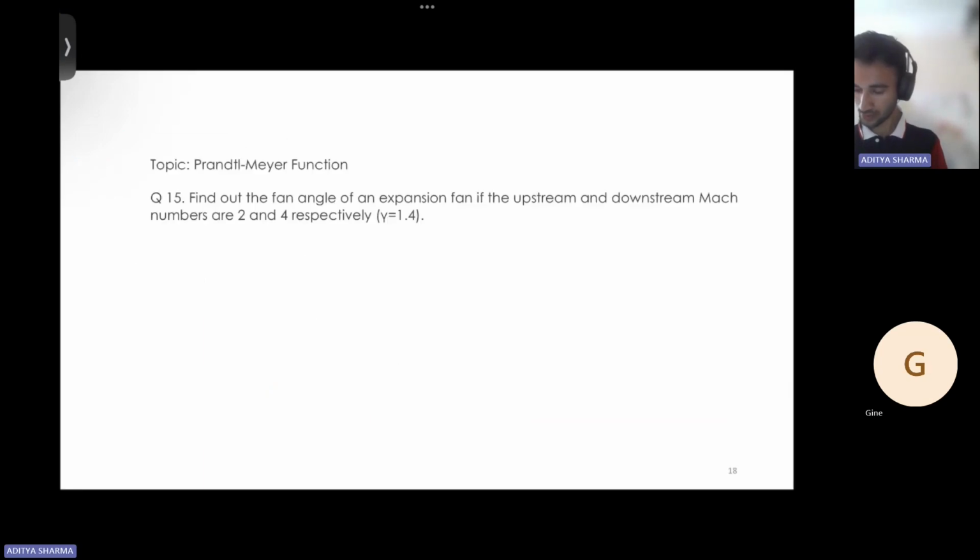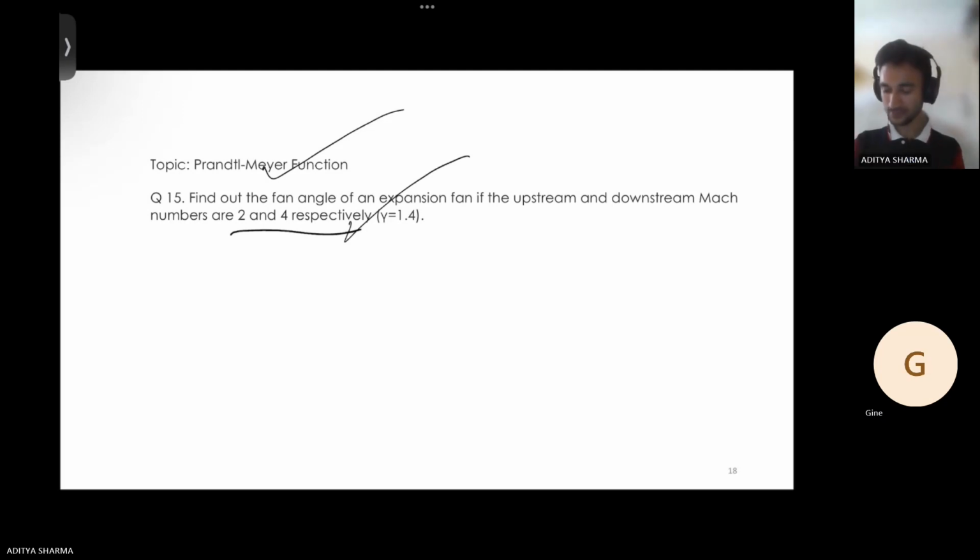Then there is next question. Find out, this is on Prandtl-Meyer function. So find out the fan angle of an expansion fan if the upstream and downstream Mach numbers are 2 and 4 respectively. All right. So as here we can see that the Mach number is increasing across this expansion fan, right? And gamma has been given as 1.4.